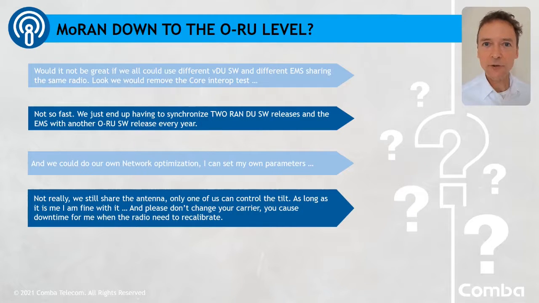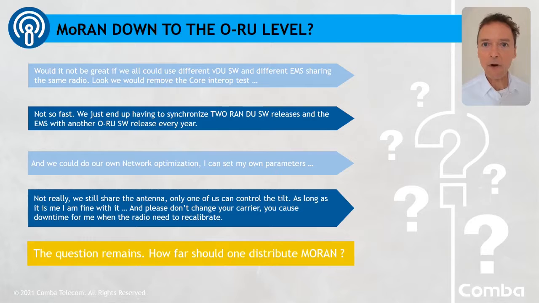It's always been a struggle between control and practical execution capability. As there are shared components such as radios and antennas, one party cannot make changes without it having consequences for the other party. And this continues to be a challenge also in OpenRAN. So the question is, how far should we be distributing MORAN?